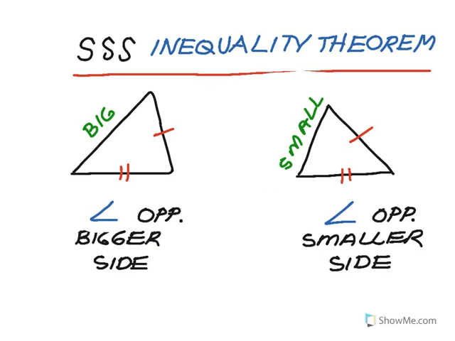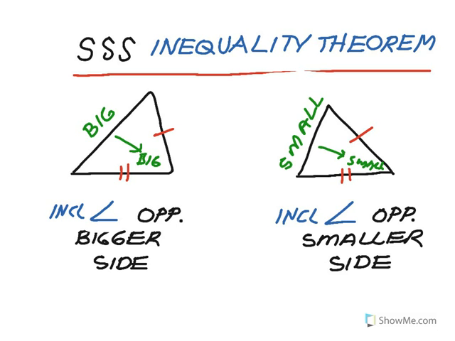right-hand triangle. So then from that, the second theorem follows logically, the side-side-side inequality theorem, which is just sort of the reverse. And this is that if I have two triangles with two congruent sides and a third side that's not congruent, I think it stands to reason that the angle opposite the longer side is going to be bigger than the angle opposite the smaller side.